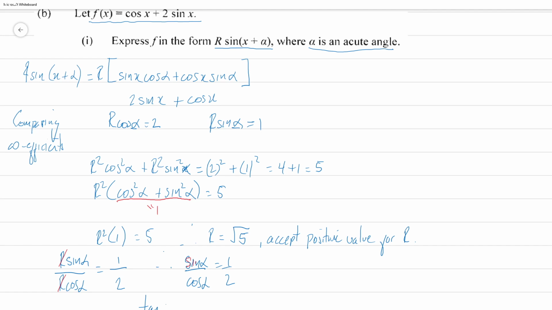Another way of saying that is tan alpha is equal to a half. Therefore, alpha is tan inverse of a half. And the value that I have for that is 26.57 degrees as alpha.